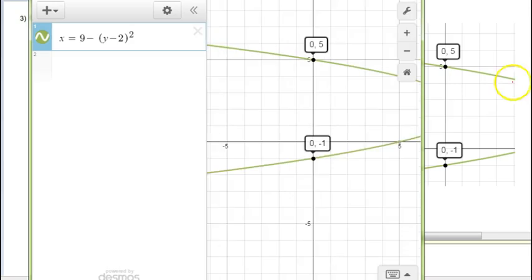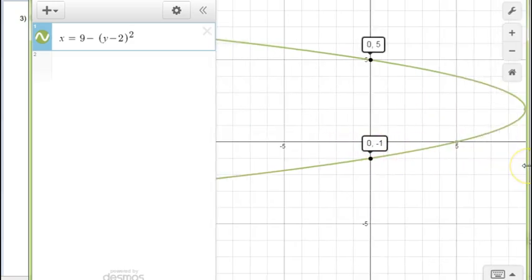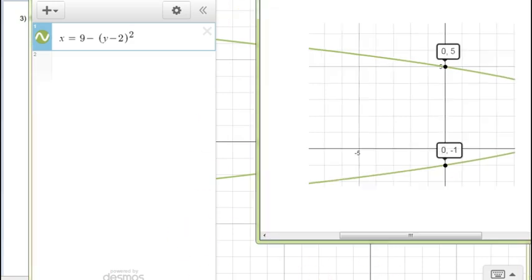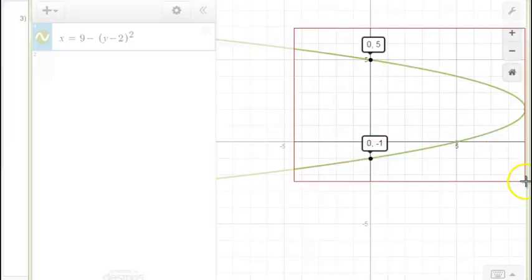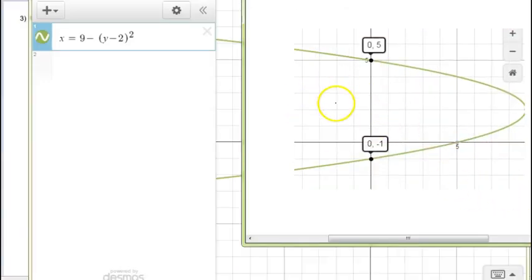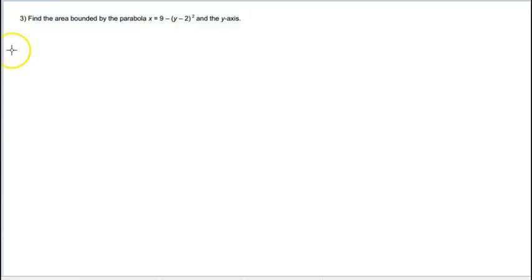Let me just make this a little bit smaller so you can. There we go. Now you can see the whole graph. But again, we're finding the area between the y-axis, which is right here. It's not, but you get the idea. And the negative 1 and positive 5, the place where it hits the y-axis.